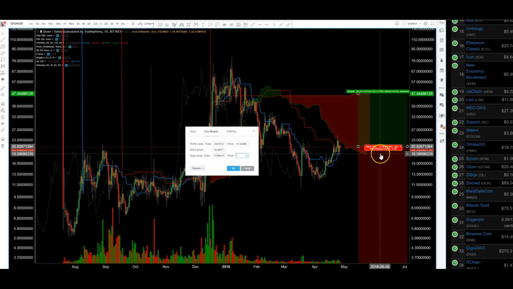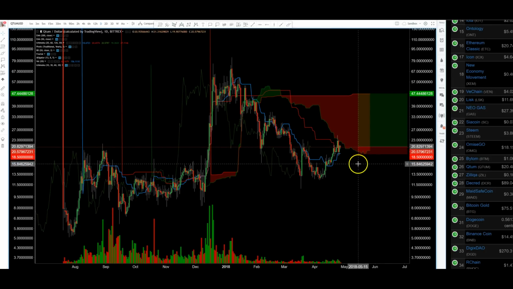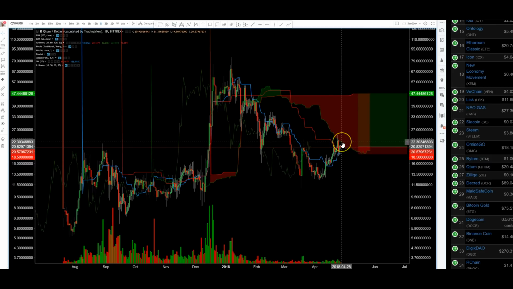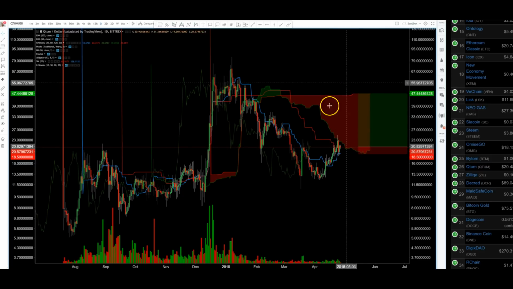What is this? 18.5. No, an R&R of 11, which is insane. Anything above like 2 to 4 is insane for me. You know, it'll probably pit stop around 25.5, but it looks solid for a giant move upward. I'm going to write this one down.